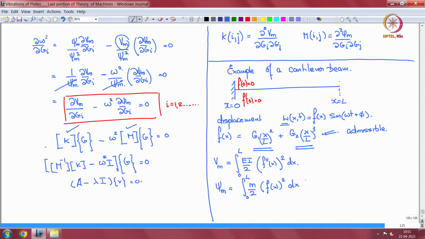It is part of half m omega squared w squared, so omega square goes away and you end up with the function, because w is f of x and w dot is omega times f of x.